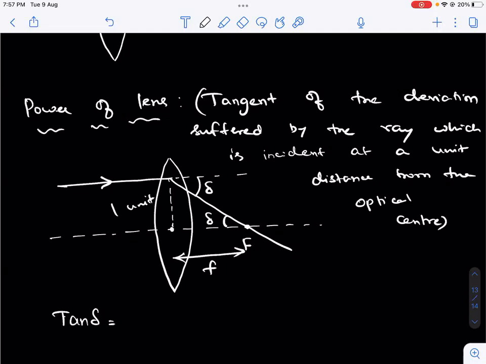So what can I write? tan delta is, from the right angle triangle, 1 by f, and this is what is called power.